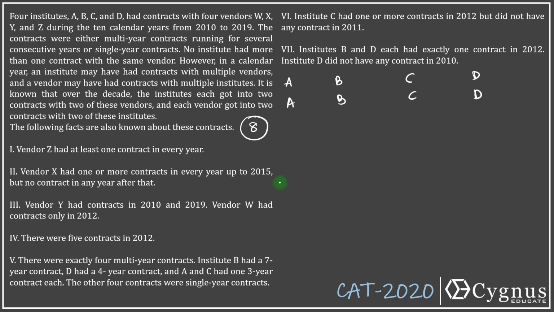The following facts are also known about these contracts. Vendor Z had at least 1 contract in every year. So now I think I should quickly plot down these years so that I can tabulate the information comfortably.